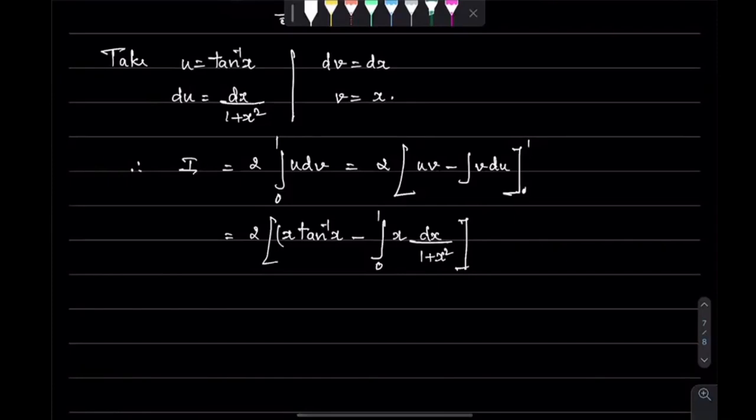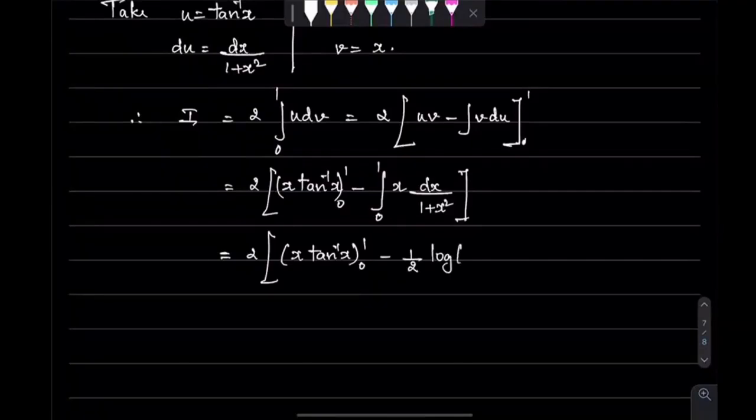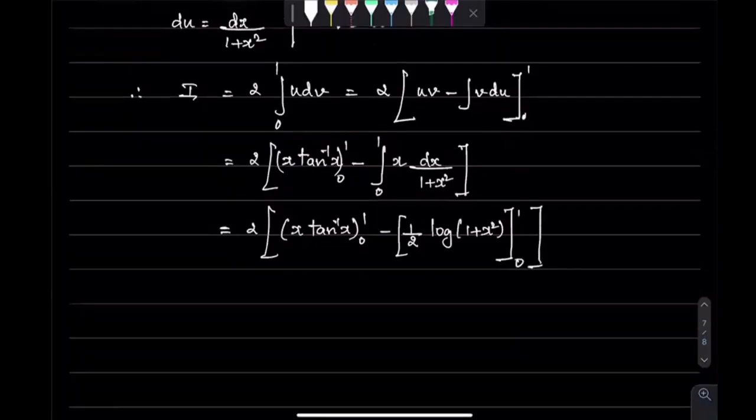So here you'll have the limit 0 to 1. So can I integrate this now? Here I have 2 times of, before substituting the limit, I'll have it like this, 0 to 1. The derivative of the denominator is there in the numerator, but 1 by 2 is missing. So 1 by 2 times of, can I say log of 1 plus x square, children? Yes, sir. So apply the limits.